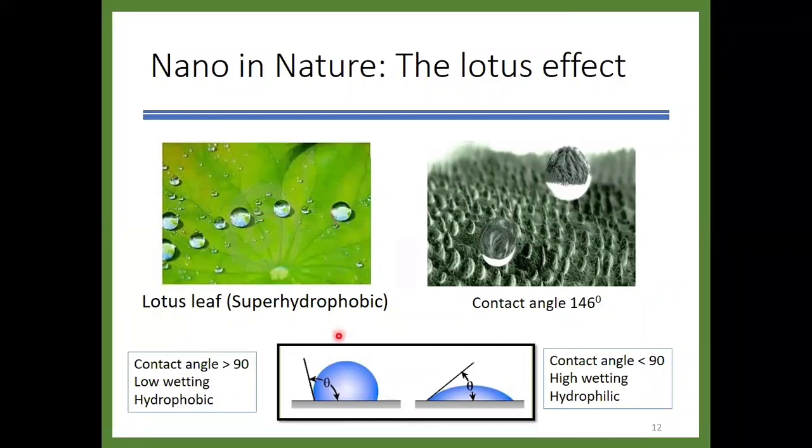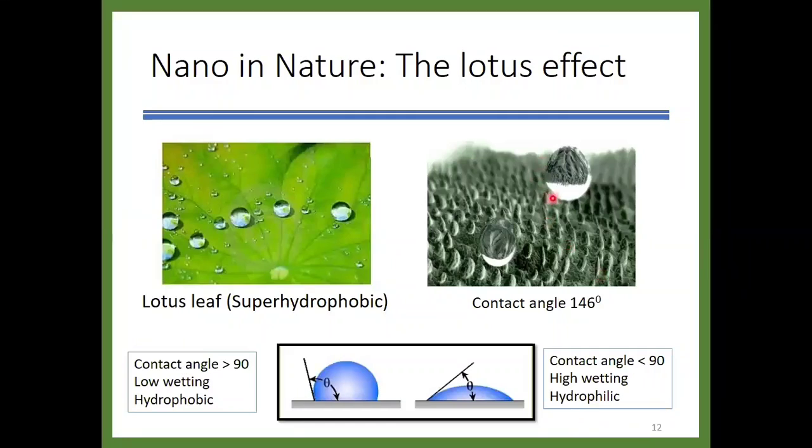Now the contact angle actually depends on the surface tension of the droplet and also the surface properties of the surface. Properties of the surface plus properties of the droplet. Now here, if you see a microstructure of this lotus leaf, scientists have found that it has this small nanoscale spike-like structure, right?